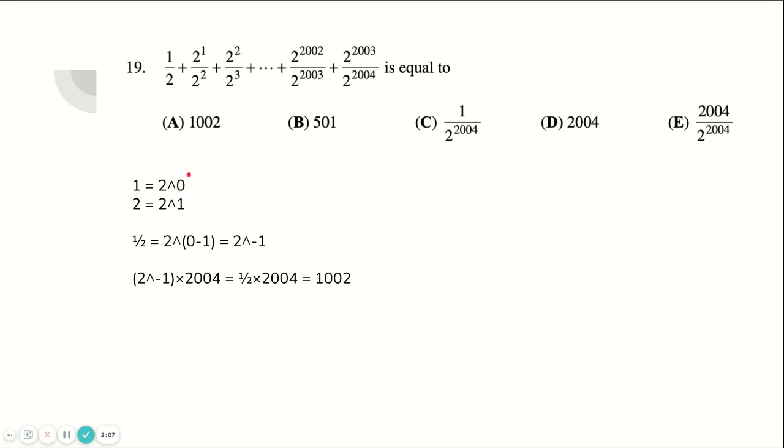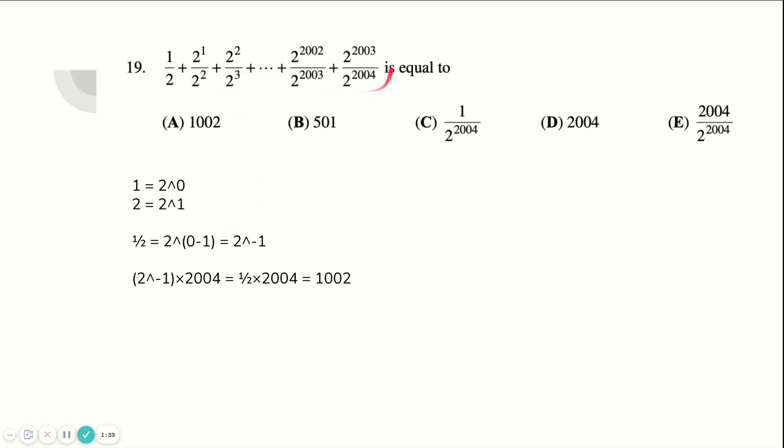So what we know here is that if we take exponent rules, if an exponent is divided by another exponent, then we can just subtract the exponents. So 2 to the power of 0 divided by 2 to the power of 1 is equal to 2 to the power of 0 minus 1, which is 2 to the power of negative 1.